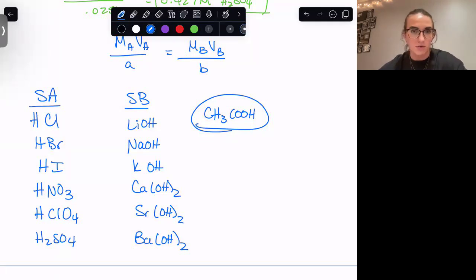You'll have to know that. As long as you know your 6 strong acids, 6 strong bases, most of them are going to be strong. Most of the time they use a strong acid and a strong base in your titration questions.